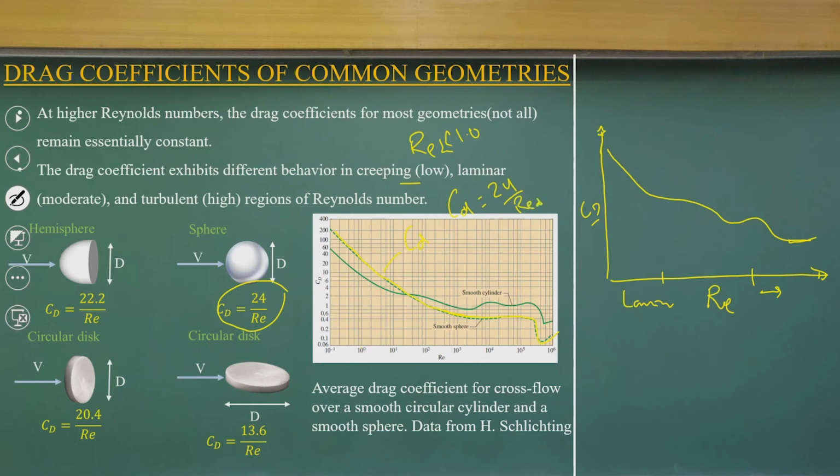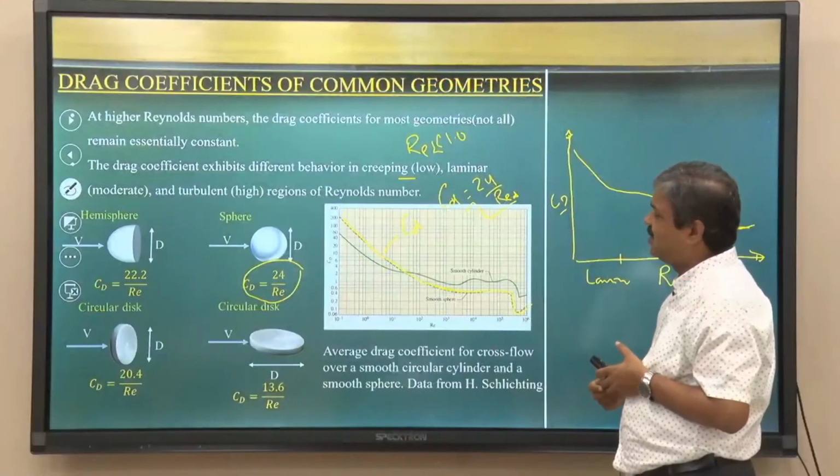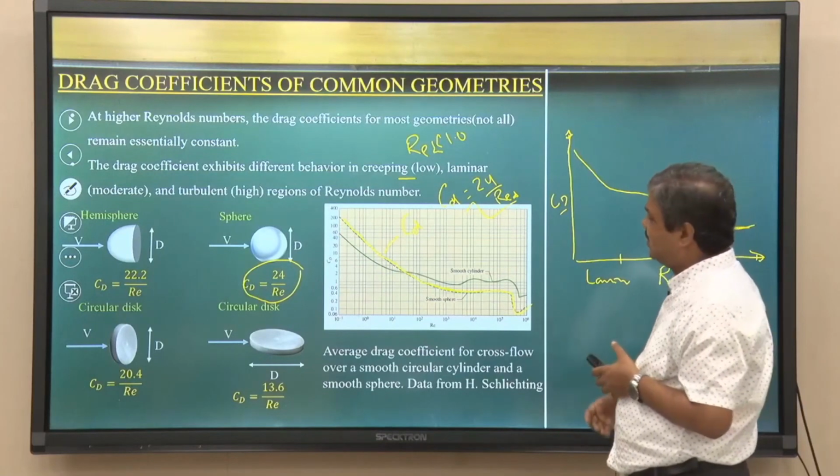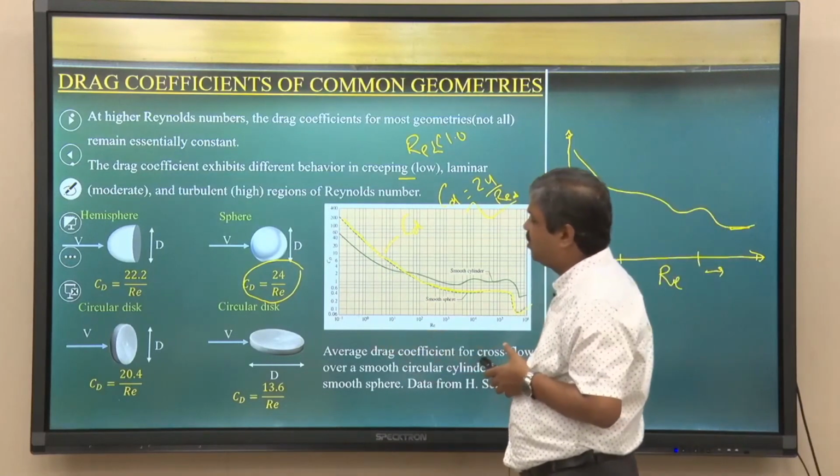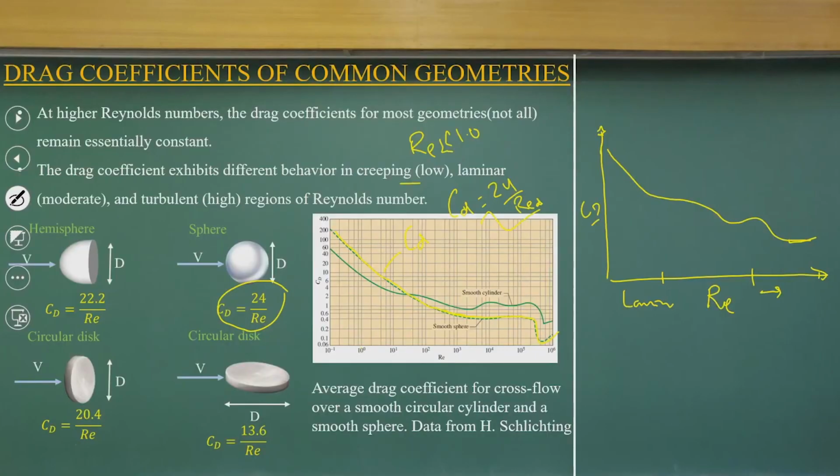You can ask how we got this. This is from experimental studies conducted almost 100 years back, with simple experiments to find the drag forces at different Reynolds numbers, from which you can find the Cd. Other cases, like smooth cylinders, show a similar functional relationship with Reynolds number.